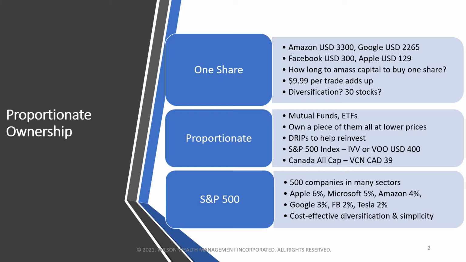Well, Amazon makes up 4% of the S&P 500. Google makes up 3%. Apple 6%. So by buying one unit of an S&P 500 index fund, probably 5% roughly of that fund will be allocated to shares in Amazon, Microsoft, Apple, Google.